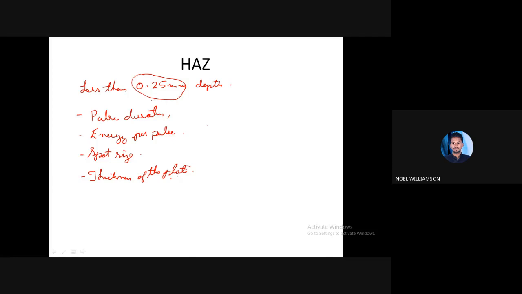That means the effect of the heat will also be low, or we can say the depth of the heat affected zone will be low, or a narrower heat affected zone will be there. So these are about the heat affected zone, and these are all about the electron beam machining operation.